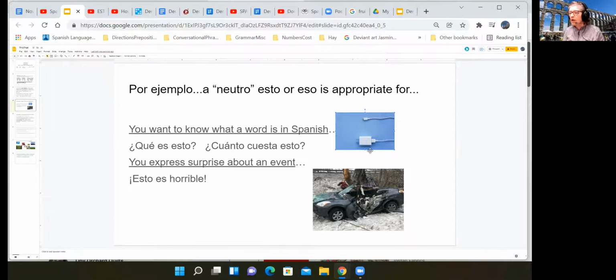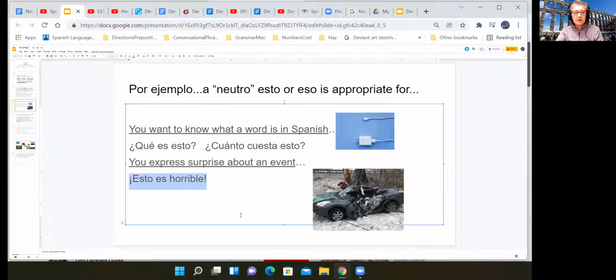That's okay. Or you're surprised about something that happened. Wow, you look at this mangled up car. Esto es horrible. Wow, this is a big mess. This is awful. If you're talking about an event, this crash that happened, we can't really assign a gender. Well, we could say accidente, el accidente, este accidente, this accident.